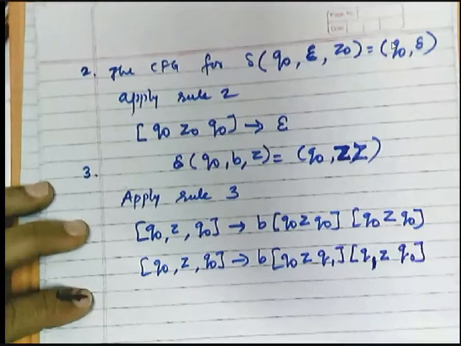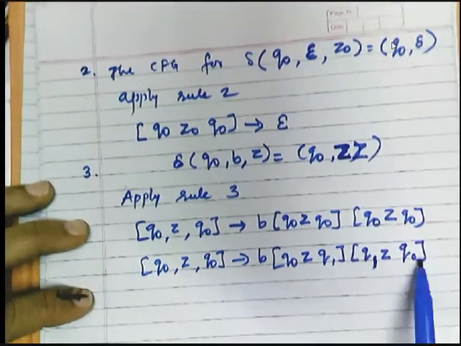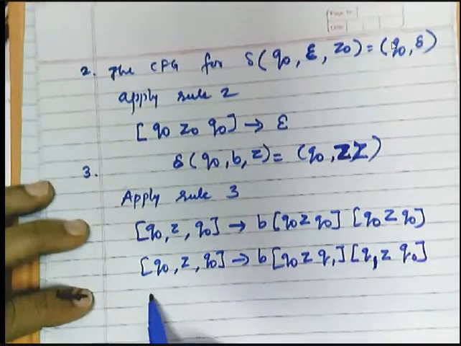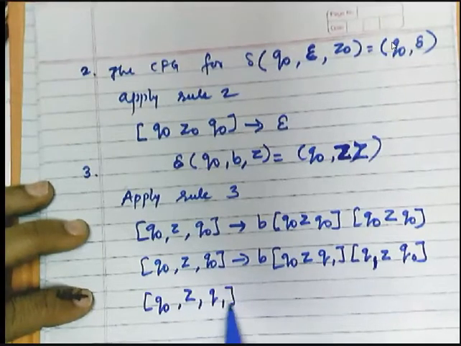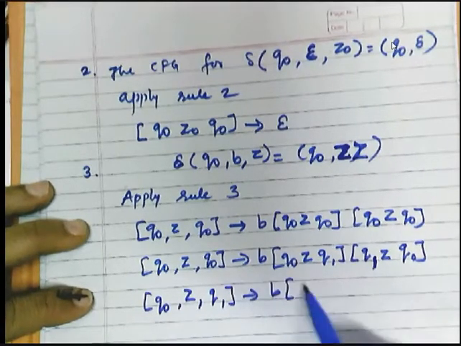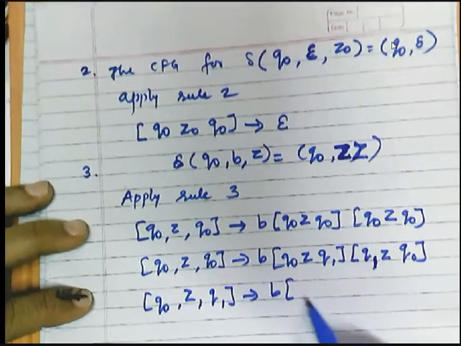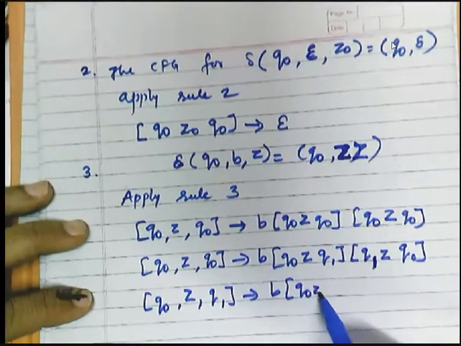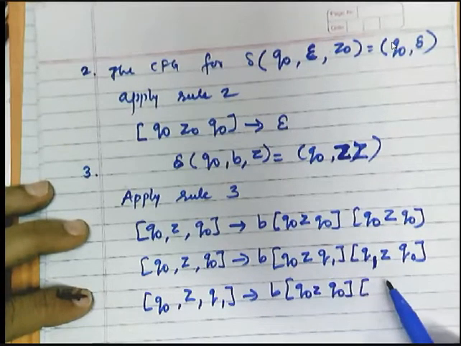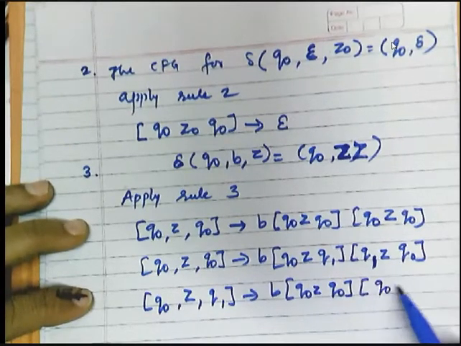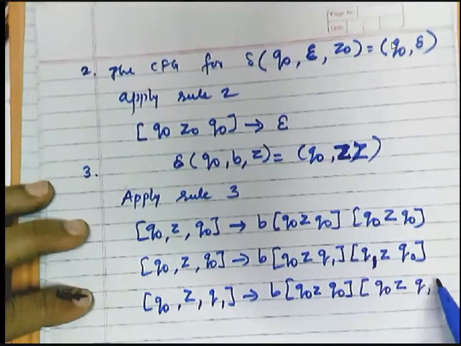At the end, we need to have the same string or same symbol. Third is Q0 Z Q1 producing B, and now we will be having Q0 Z Q0, and next is Q0 Z Q1, this one.